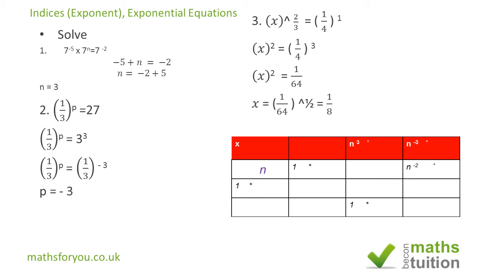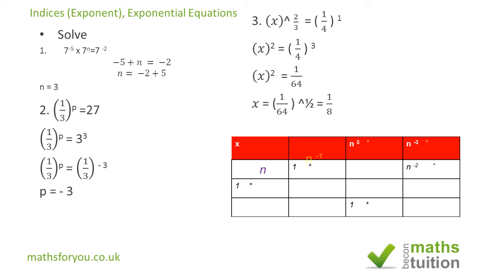Now, having got this one here, we can now find the value for this cell. Now, n times an expression there should give us 1. And we know that a variable to the power 0 will give us 1. So we need a value here such that if we add the indices, because we're multiplying, we should get n to the power 0.